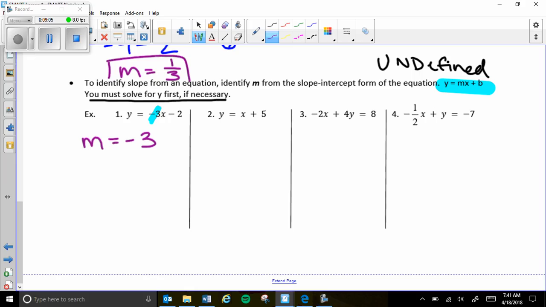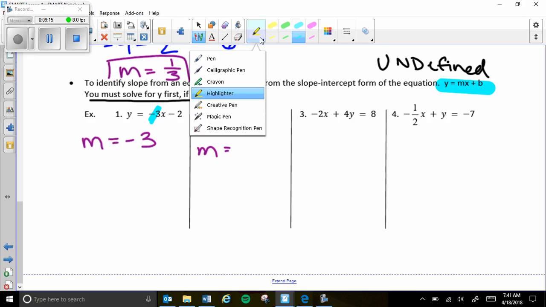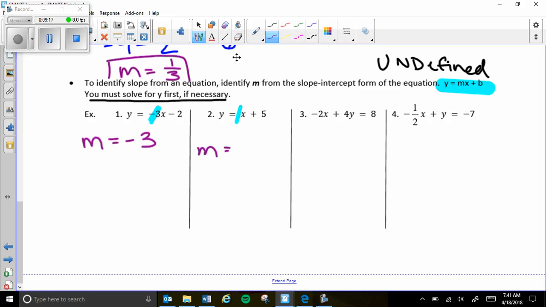Yes, y is by itself, which means we can figure out the slope. What the heck? There's no number in front of x. So what number can we use to represent this space right here? What number can we use as a placeholder? 1. So m equals 1 in this case.